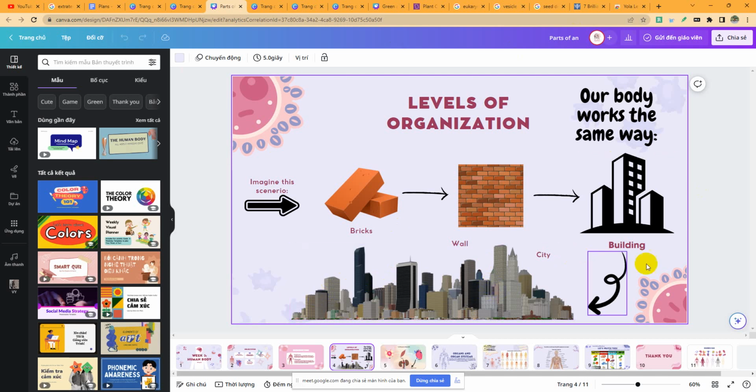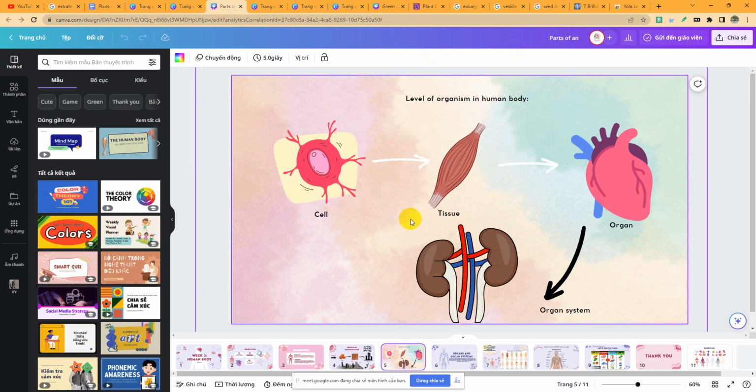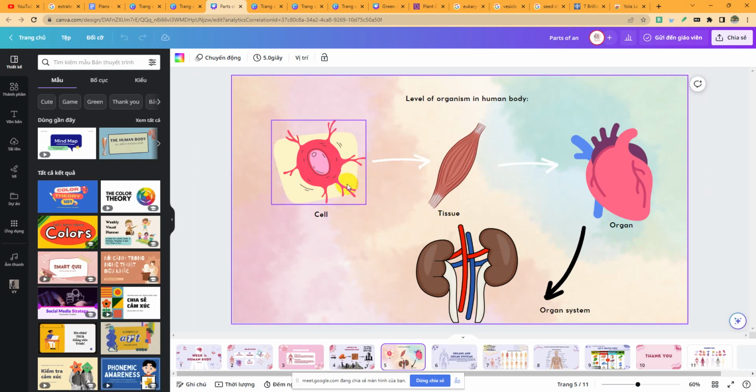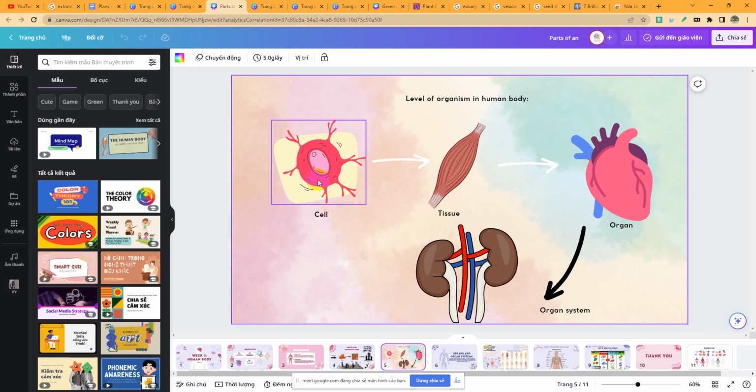This diagram is also really similar to the diagrams of our human body, which starts with the cell. Imagine you can relate the cell to the bricks, and numerous cells that have the same functions and the same characteristics can make up tissues. So we have brain tissues, lung tissues, and so on.